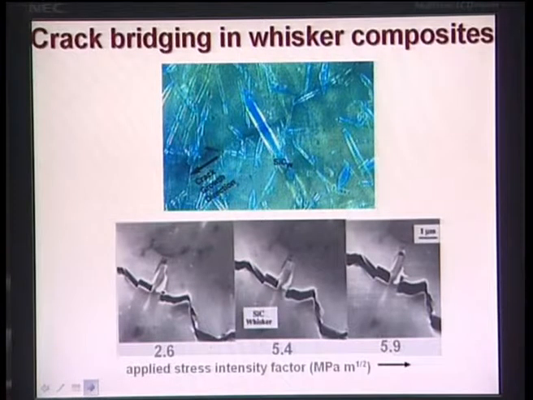Now this view graph tells you how these whiskers lead to crack bridging. This is your whiskers, if you can see closely. This is your crack, this is your primary crack tip. And what you notice here is that in this primary crack tip, these whiskers are getting pulled out.